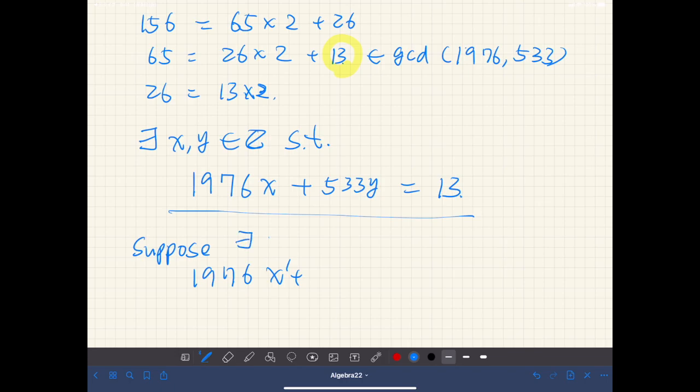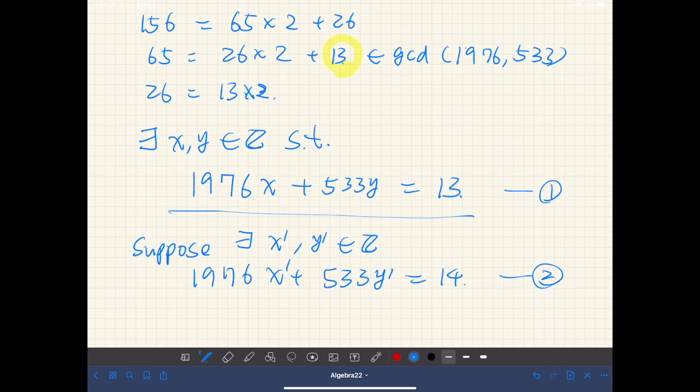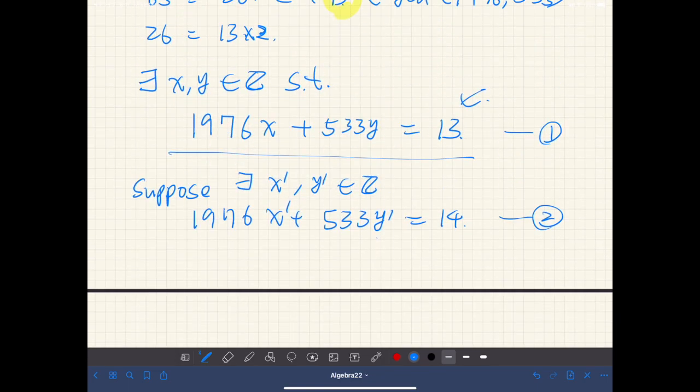Suppose there exist x prime and y prime, which are integers, such that 1976x prime plus 533y prime is equal to 14. Now compare these two equations. Equation 1, we are certain that it is satisfied. Equation 2, we don't know if there are any integers x prime and y prime that satisfy it.